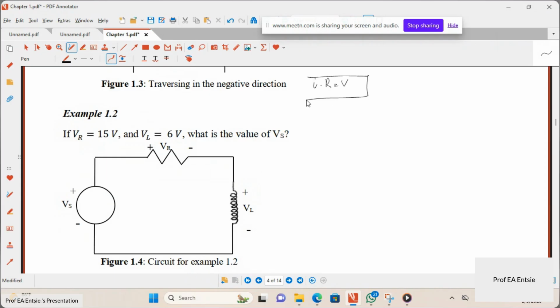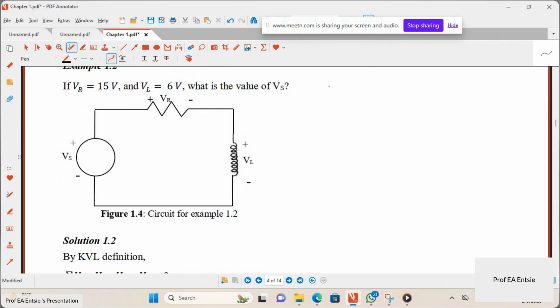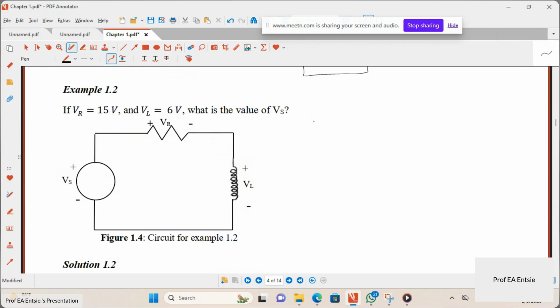We saw that from the relationship in the passive element. So voltage drop across a resistor is I times R, current flowing through the resistor times the value of the resistance. So let's use that idea to find the value of Vs here.